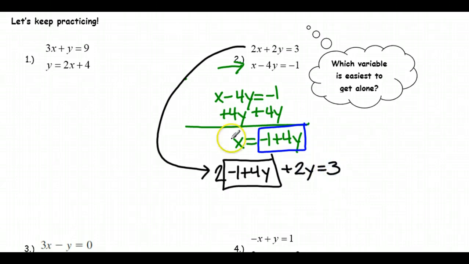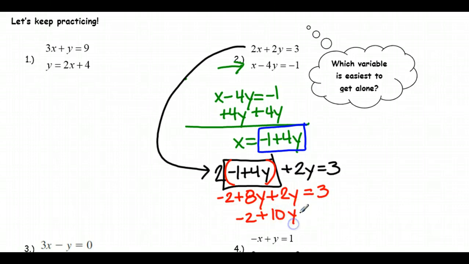Now again, remember that our brick acts as parentheses, so we have to distribute. -2 plus 8y plus 2y equals 3. -2 plus 10y equals 3.